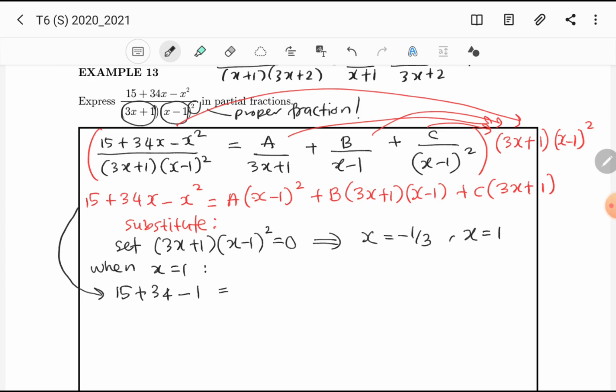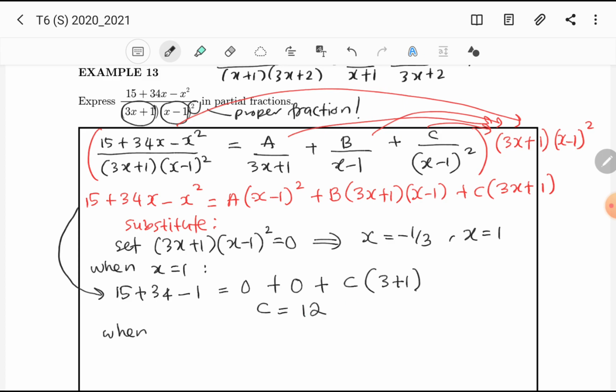Mana yang akan kosong? Akan mati. A akan mati sebab dia ada x minus 1, 1 minus 1. Lagi B pun akan mati. So apa yang tinggal? C, 3 times 1 plus 1. So awak akan dapat C equals to 12.